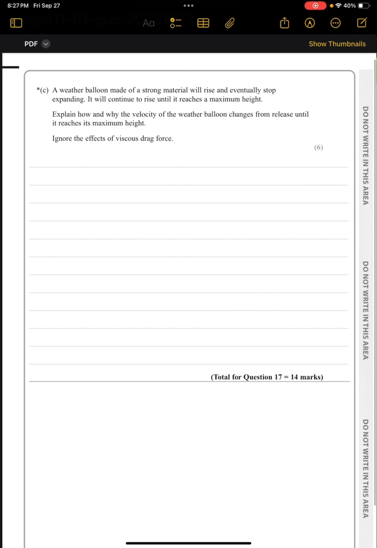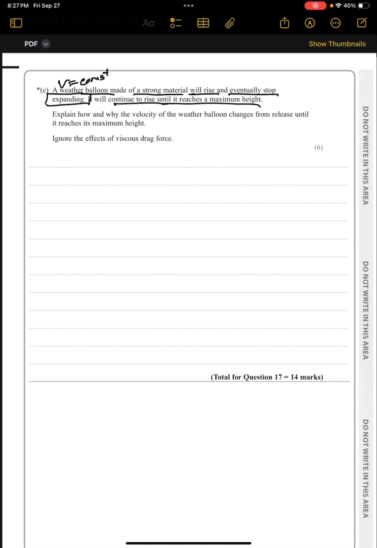In the next question they have said a weather balloon made of a strong material will rise and eventually stop expanding. So the volume will not expand anymore. The volume will become constant. That is, it will stop expanding. It will continue to rise until it reaches a maximum height.